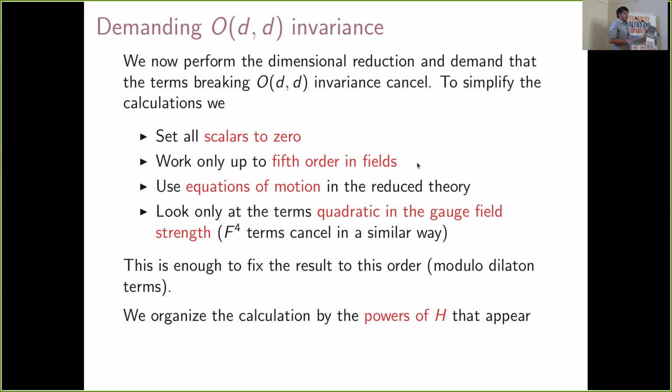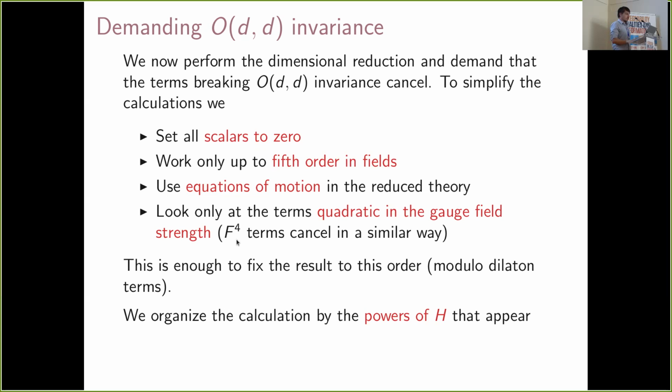We'll restrict ourselves to work only up to the fifth order in fields as well. We'll use equations of motion in the reduced theory, which means we allow field redefinitions in the reduced theory. And we'll focus on the non-invariant terms that are quadratic in the double gauge field strength.